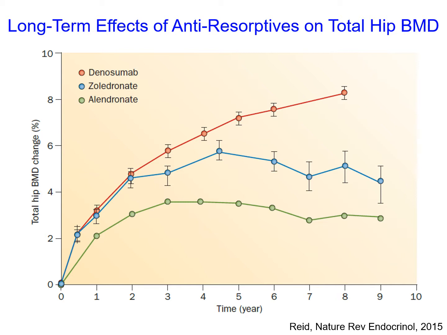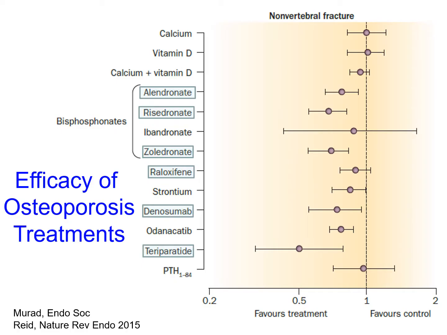So it ultimately has the same effect in terms of decreasing bone resorption that we see with the bisphosphonates, though its mechanism of action is somewhat different, and it also causes rapid increases in bone density initially, which then plateau off, though they do seem to continue on somewhat longer than we see with the bisphosphonate medicines.